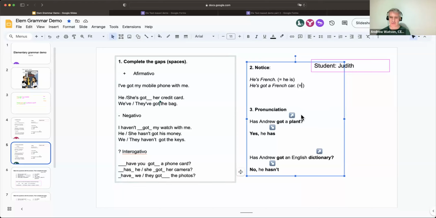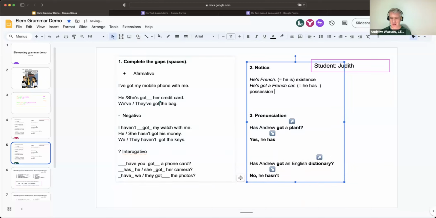Is that is or have? He has, yes, because it's about possession. So this one is about existence, so we use the verb to be, and this one is about possession. Another way of saying it is he has a French car, right?